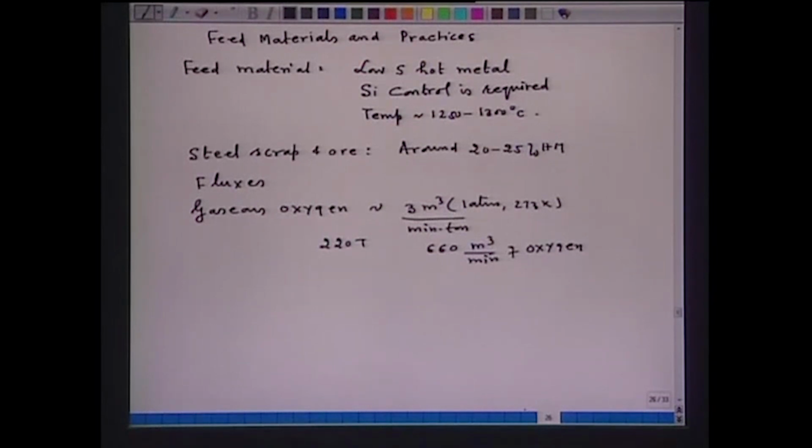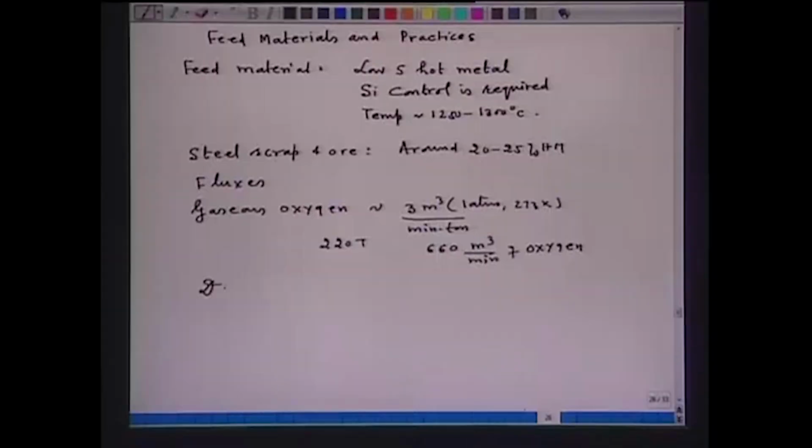So, that much amount of oxygen you should have. If you blow for 20 minutes, then you know the amount of oxygen you require. Then we also require deoxidizers to kill the steel.